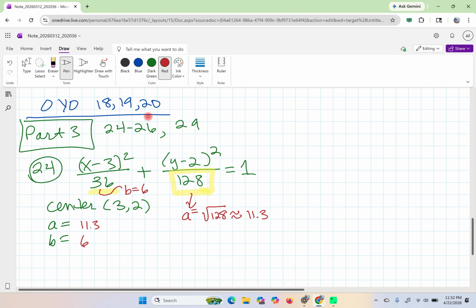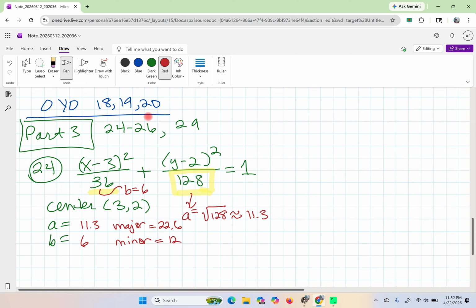The textbook question also asks us the length of the major and the minor axis. So the major is going to double that, 22, and the minor, double the 6 gives us 12.